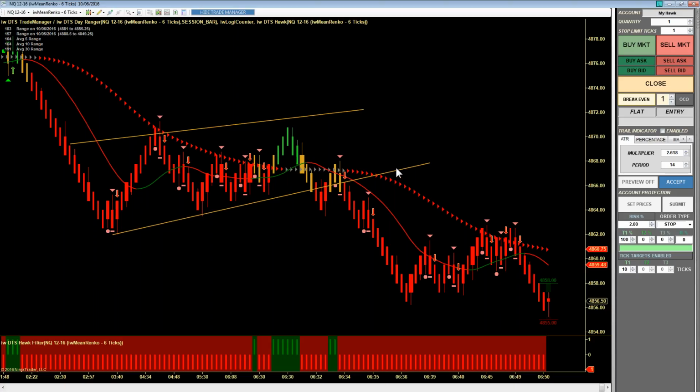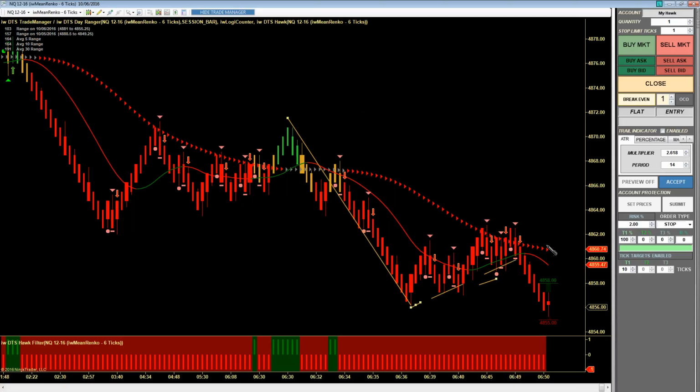The whole point of the 4 arrow consolidation is that it's essentially like a flag formation. And as with most flag formations, it's a temporary condition. So the market's in a little bit of a retrace, it bounces out, and it resumes the trend.